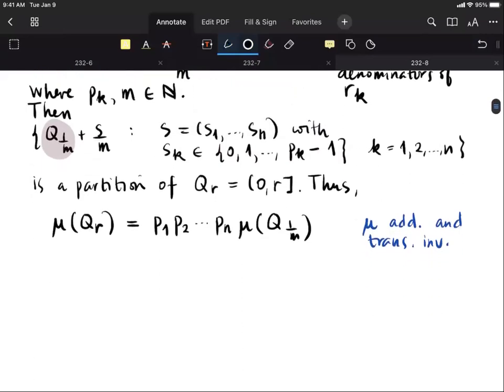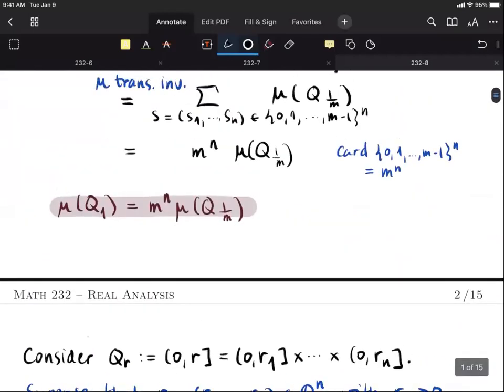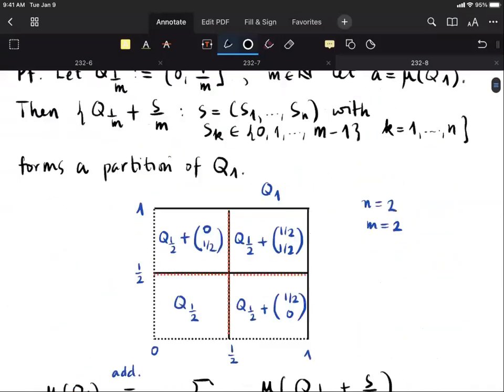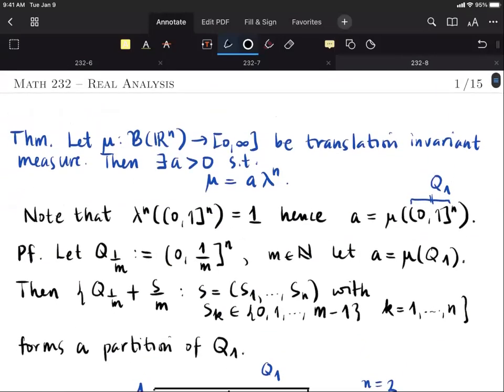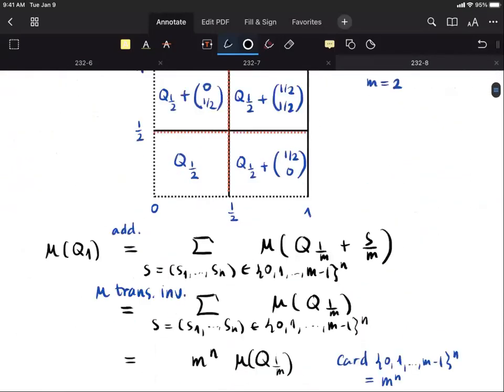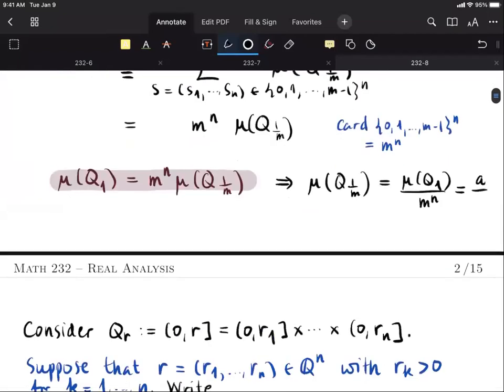Okay. Take note that here we can calculate the measure of Q1 over m. This is equal to the measure of Q1 divided by m to the n. And before we have set A to be the measure of Q1, so this is A over m to the n.